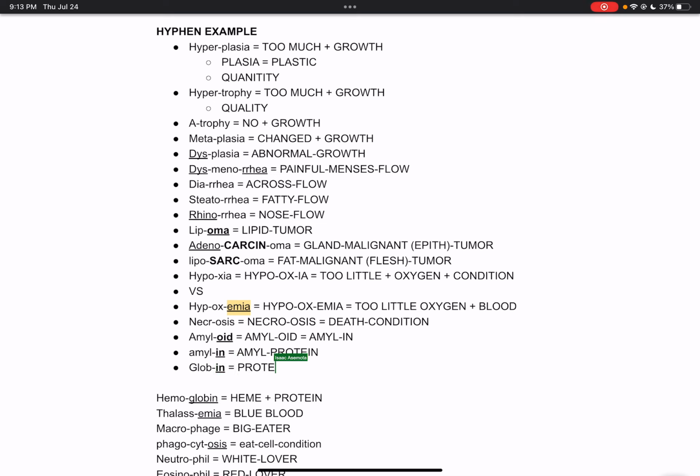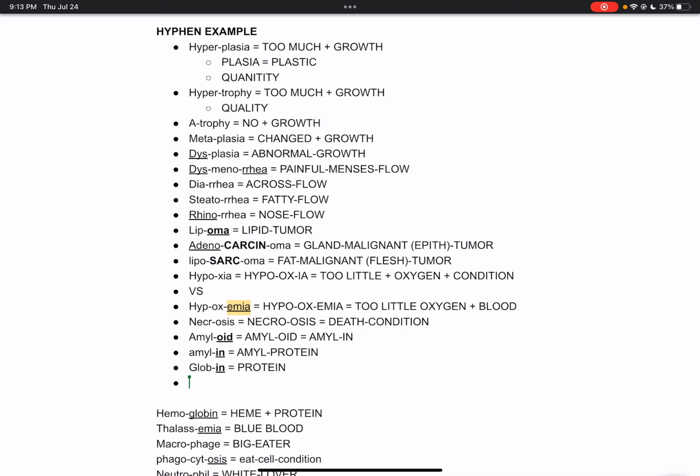Globin is a more general term, just protein in general. But then if they say anything in, that's protein. Amylin is a protein that has to do with sugar or something. Yeah, the amy means sugar. Yeah, good.